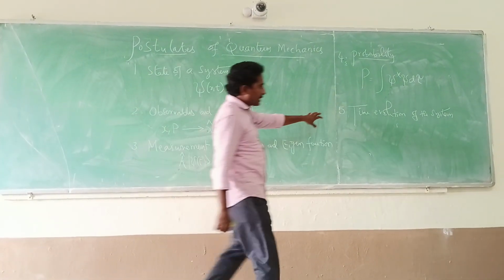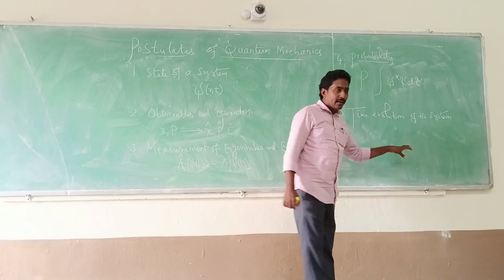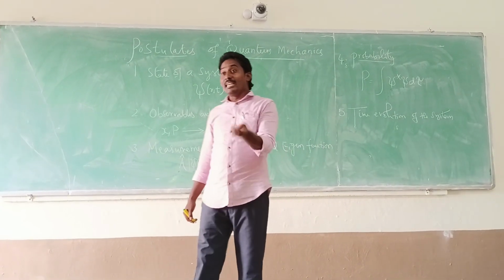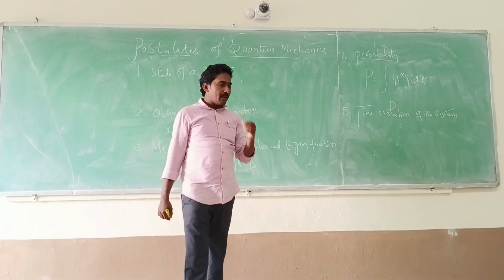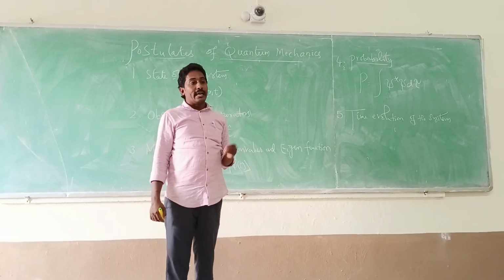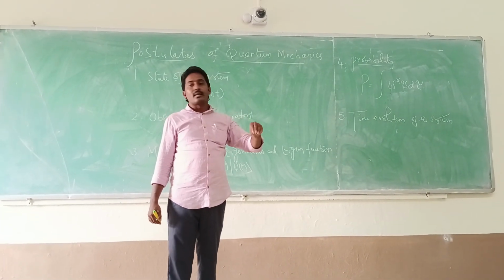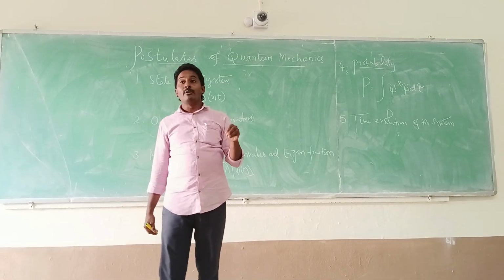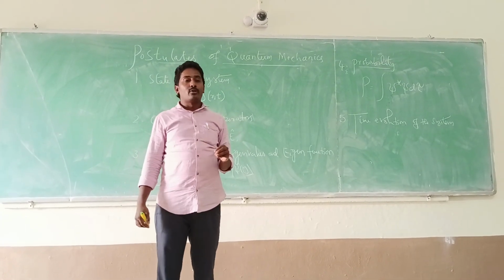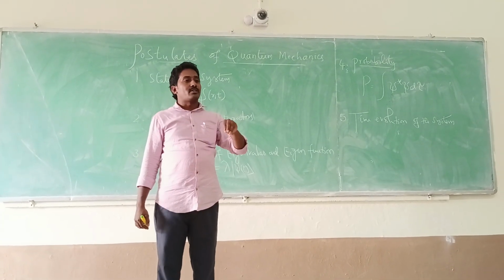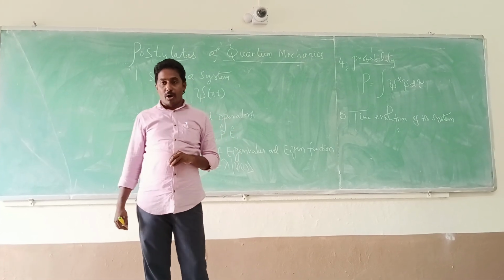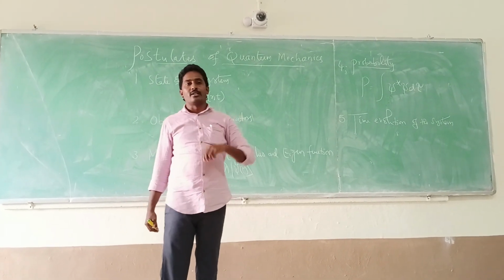The fifth postulate, time evolution of the system, describes the state of the system at any later time t. In classical mechanics, at any later time t, the state of a particle can be described by Hamiltonian equations. Hamilton derived two sets of first order equations, popularly known as Hamiltonian canonical equations.